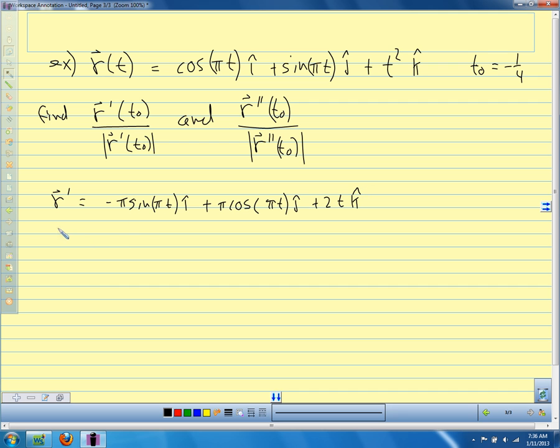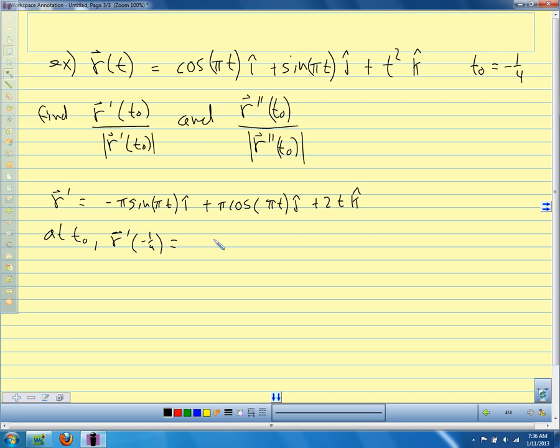At t0, r prime of negative 1/4, I'm just going to plug in negative 1/4.